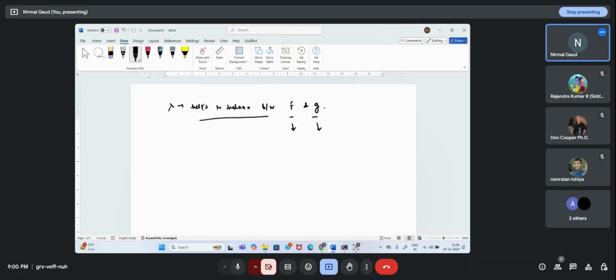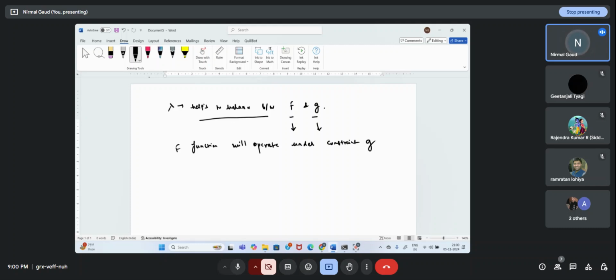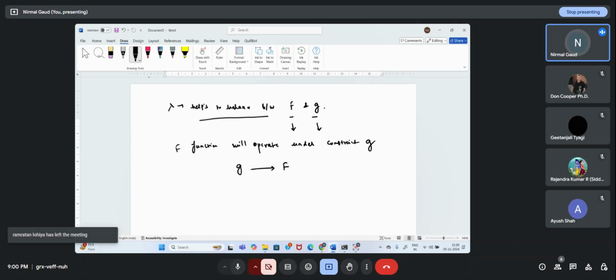Balance means your objective function will operate under constraint g. So if I make any change in g, what impact will it have on f? How much will it impact f?